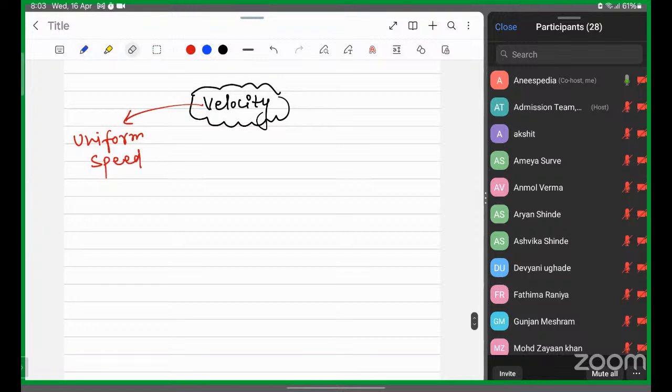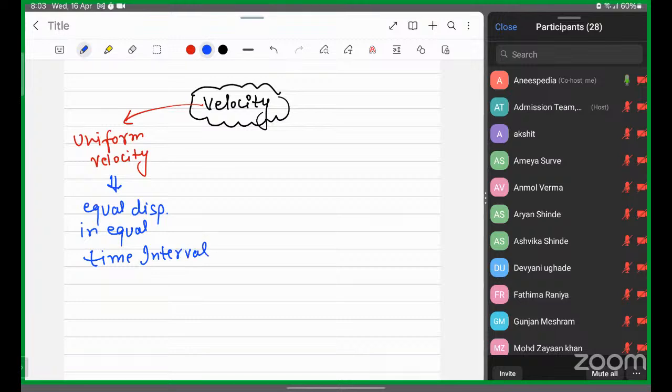Sorry, velocity. Uniform velocity: if an object covers equal displacement in equal time intervals, then this is called uniform velocity.